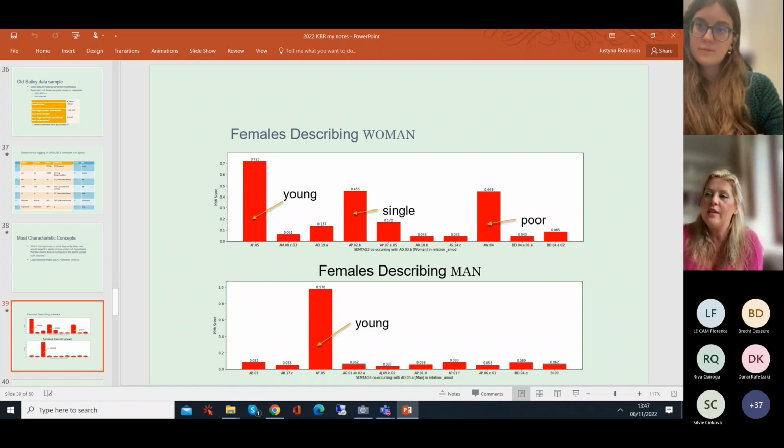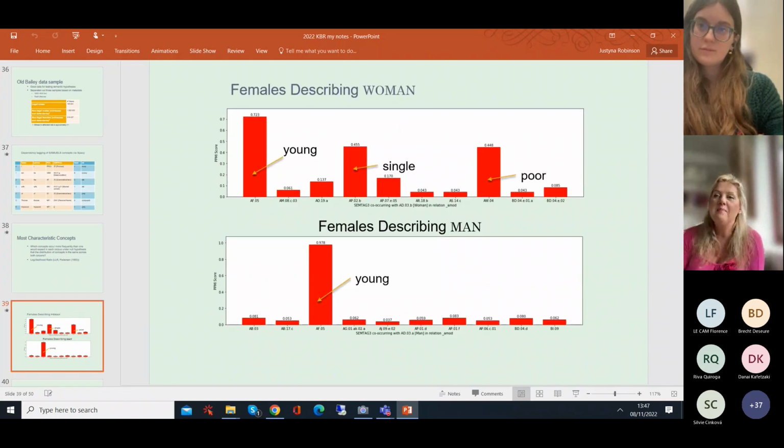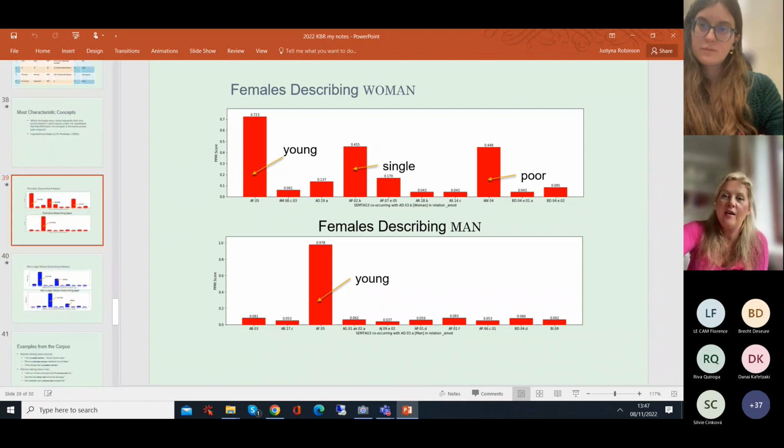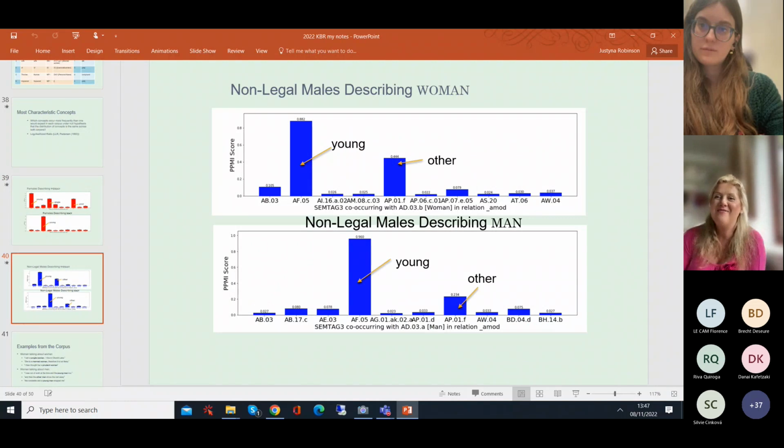So for instance, we found out that when females were describing women, they were using mainly concepts of young, single, and poor. When females were describing men, they were using concepts associated with age. Whereas when the non-legal males were describing women, they were using different concepts. So this was young and other.